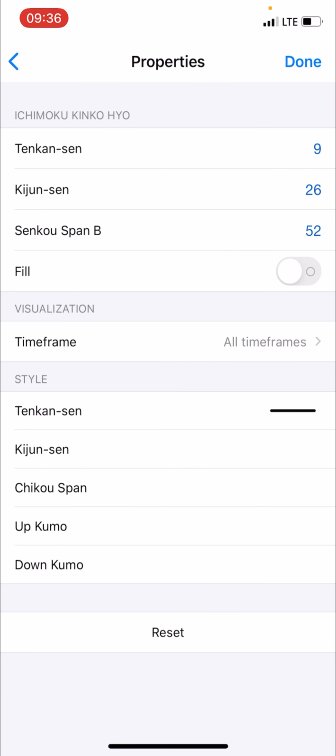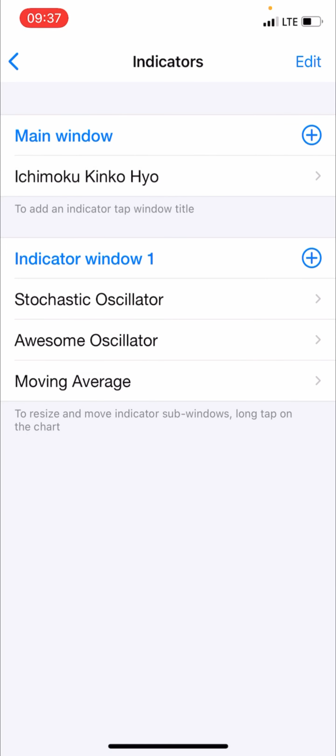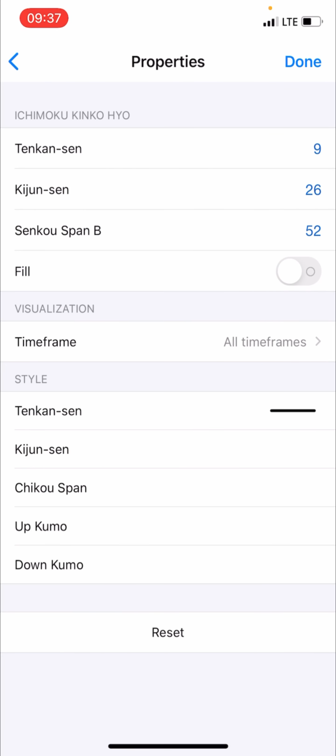I'm going to be sharing the settings of this indicator with you. First, the first indicator we are going to be having is the Ichimoku, which is going to be on the main window.